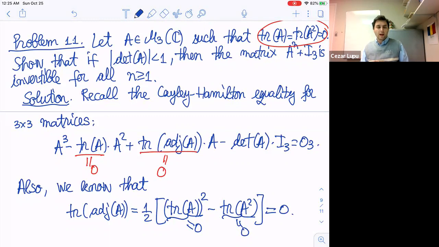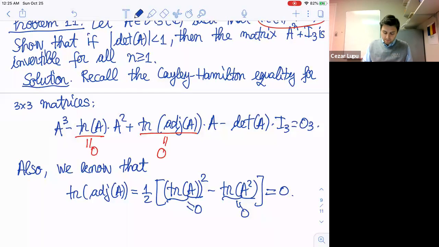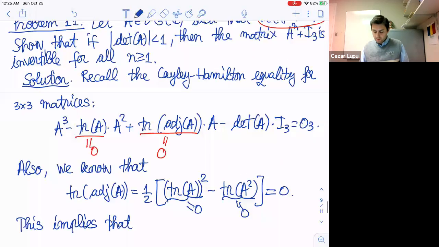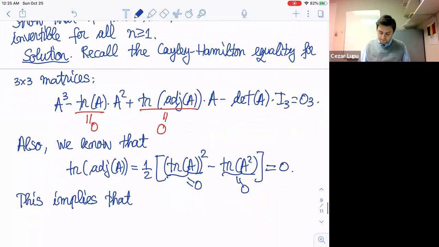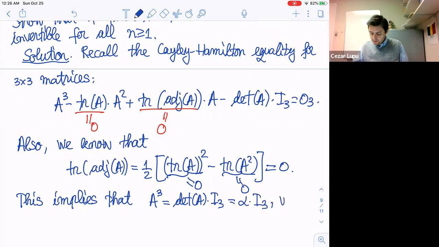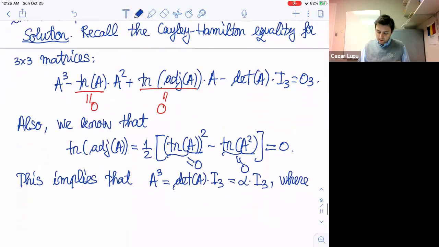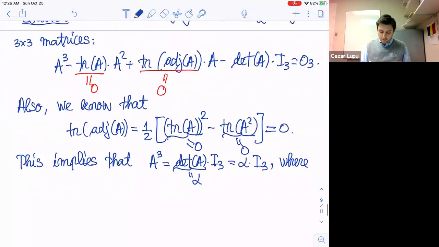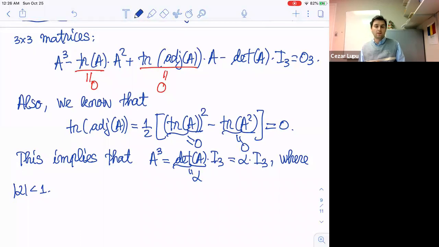Now, from Cayley-Hamilton, this implies that A cubed is the determinant of A times the identity. Well, let's denote this by alpha times the identity, where alpha is the determinant, right? So this guy is alpha, where the absolute value of alpha is less than 1. So we have this equality.